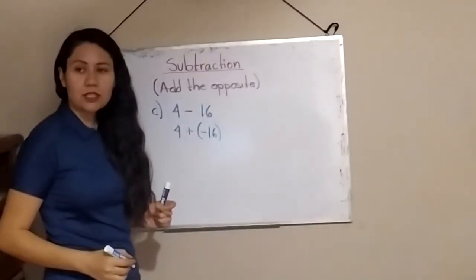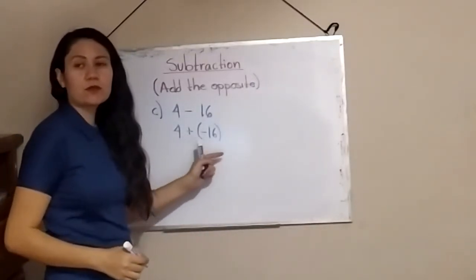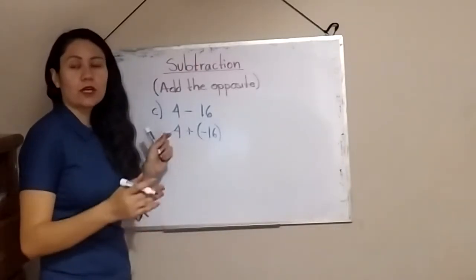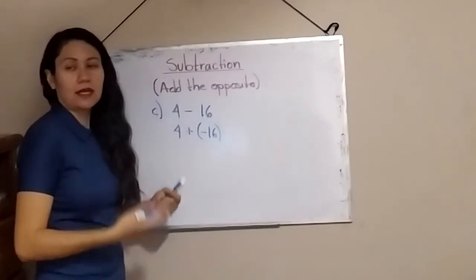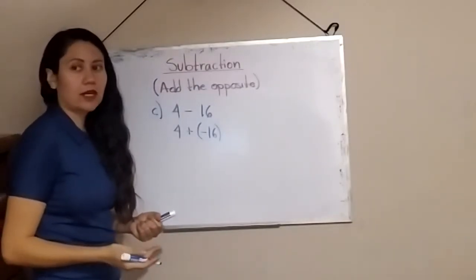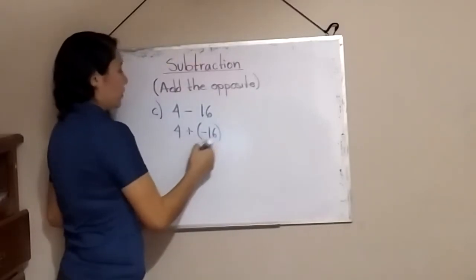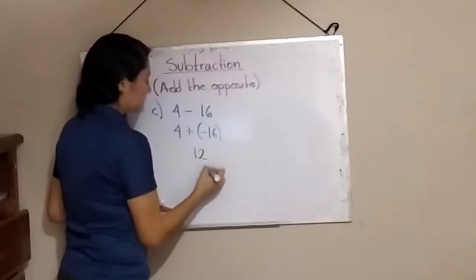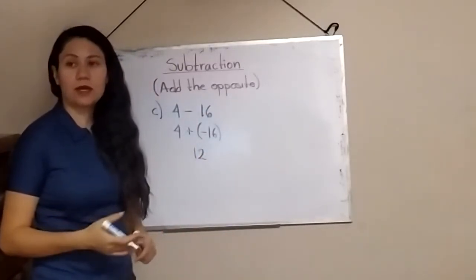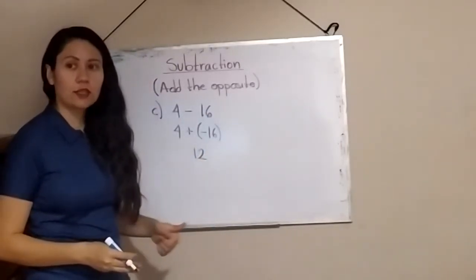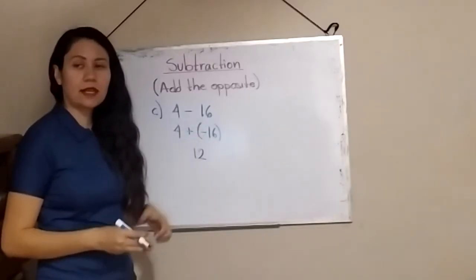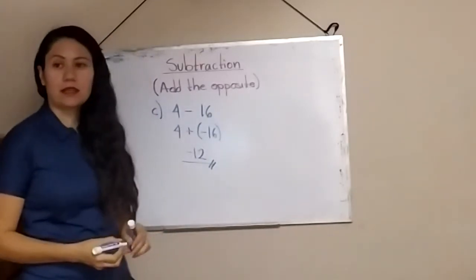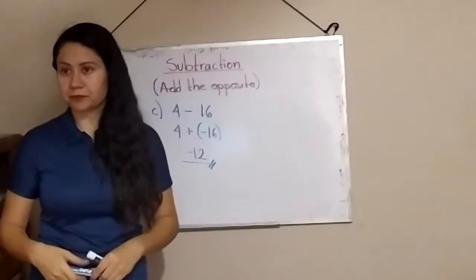Now we have an addition of numbers with different signs, unlike signs, meaning we are going to subtract and take the sign of the greater absolute value. 16 minus 4 equals 12, and the greater absolute value is 16, so we are going to take its negative sign, and we have -12 as our result.